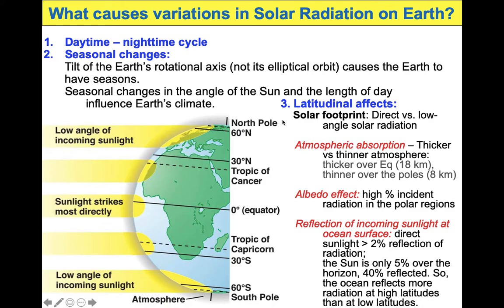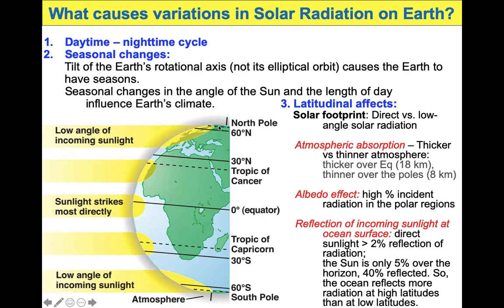Latitudinal effects also play a significant role in changes in solar radiation patterns on the Earth. The Earth's atmosphere does not have a uniform thickness. Because of the geoid shape of the Earth, the atmosphere is much thicker over the equatorial zone, about 18 kilometers in thickness, but it is thinner over the poles, about 8 kilometers only.